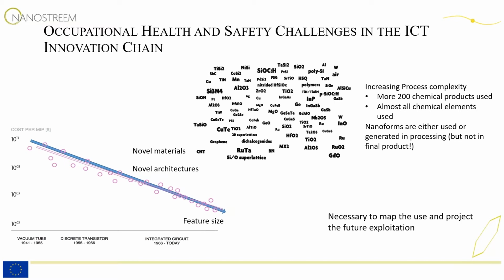Here in the center you see actually a list coming from IMEC, where I work, about different types of compounds that we use in different experimental processes. So that brings us to the necessity to map the use and to project the future exploitation of different technologies.